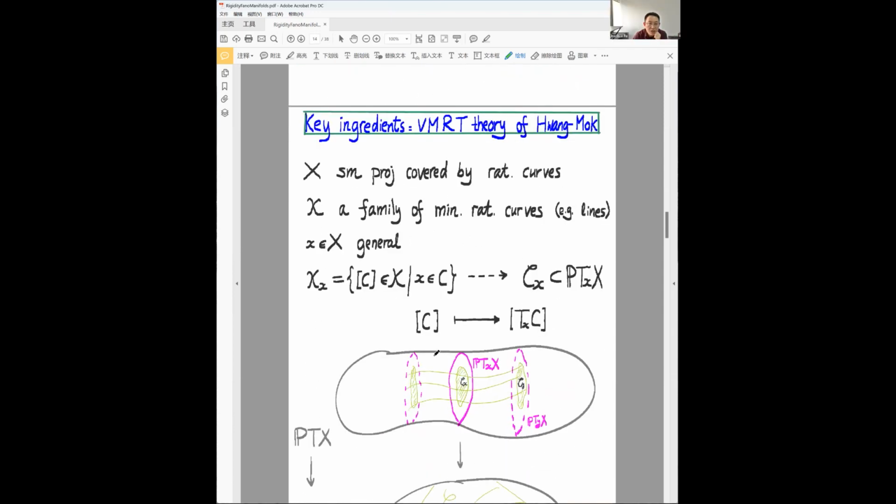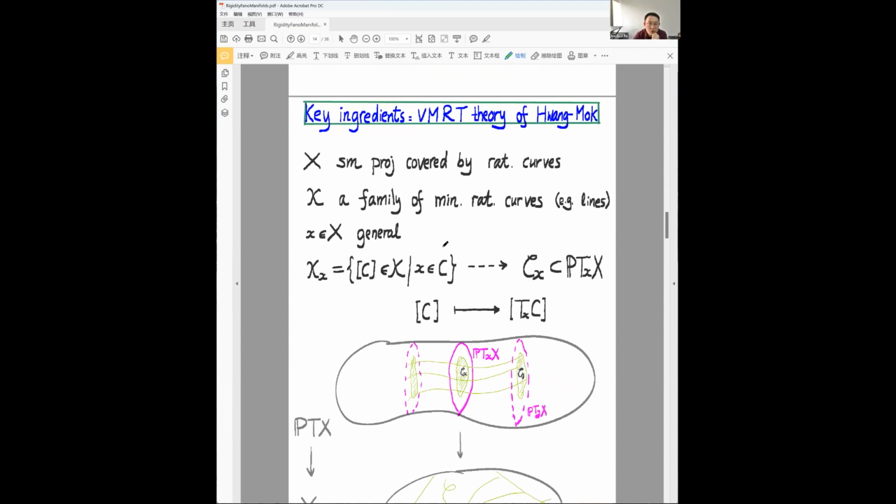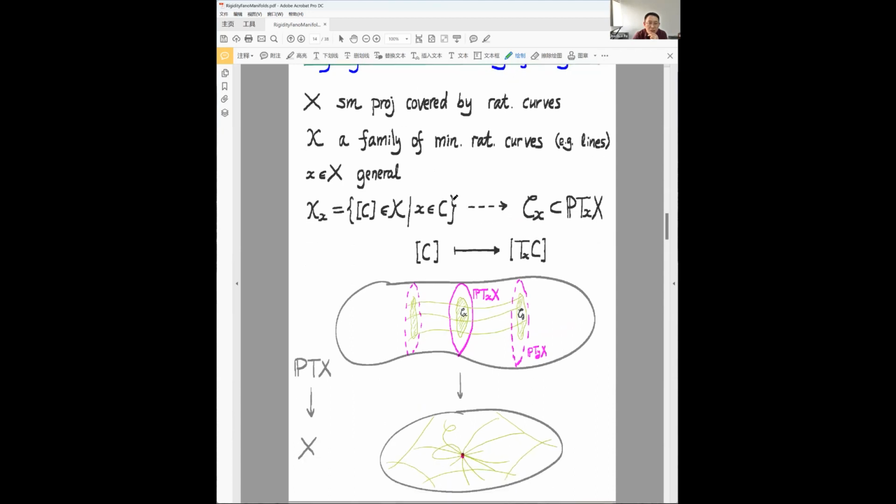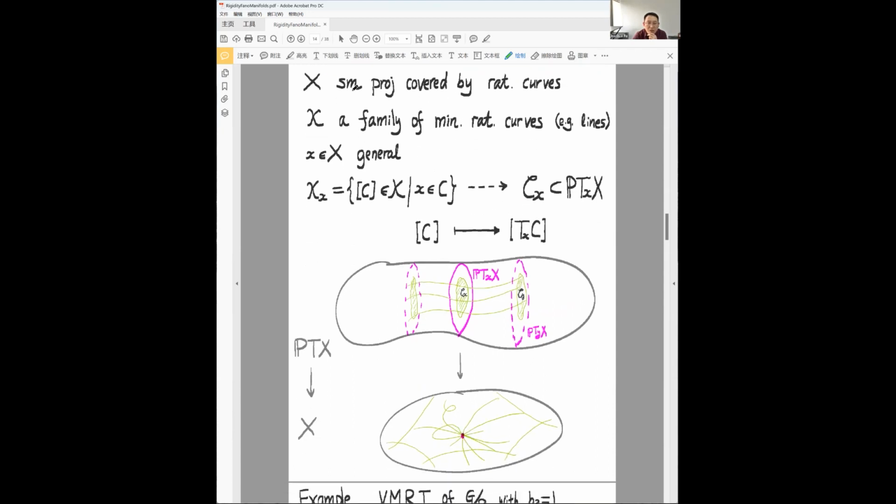So what are the key ingredients for the proof? In fact, they use the VMRT theory of Hwang and Mok. What is the VMRT? Assume X is covered by rational curves, and you take a family of minimal rational curves. Minimal rational curve means, for example, it has minimum degree passing through a general point.